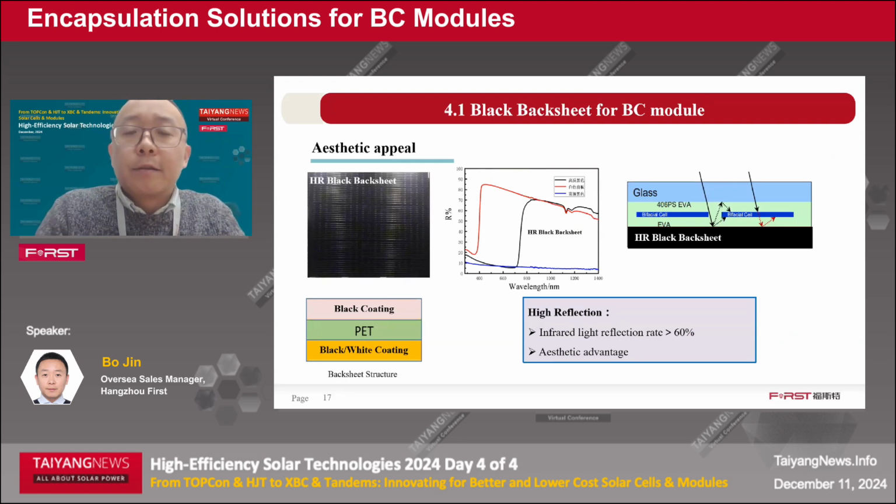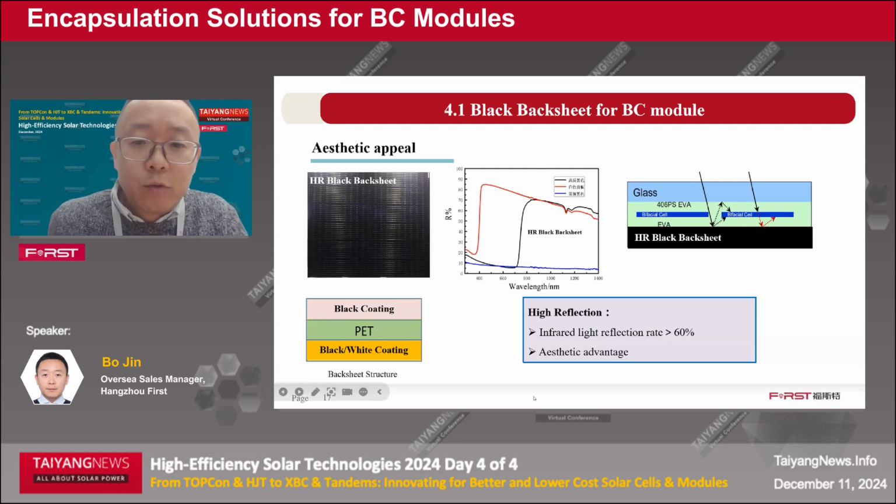Okay, and some other materials which are suitable for BC modules. We also offer the black backsheet, and among the black backsheets, we have a high reflective black backsheet. It reflects the infrared light, and the reflection rate is higher than 60%.